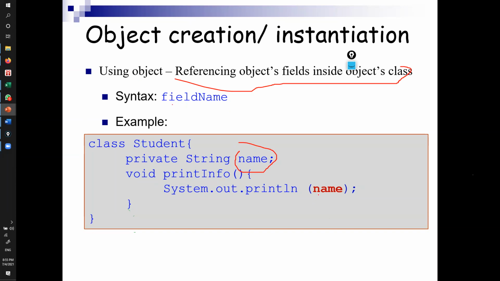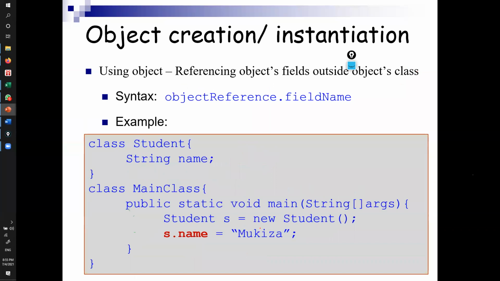So here it's okay. We can go with the name because it is still inside the class. But if I go to another class, I need to use the instance of my class, no matter the name. In my previous example, we gave it the name S. So I will go with S dot, then I make a call to the name. So maybe you can see that here. That's what we mean here. So we go with object reference dot field name.